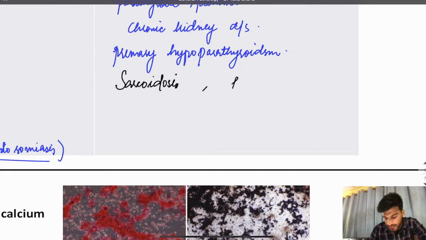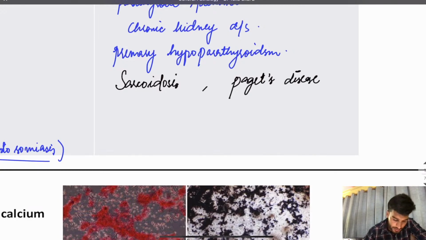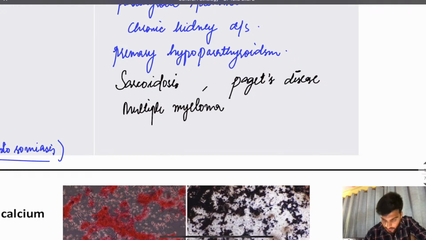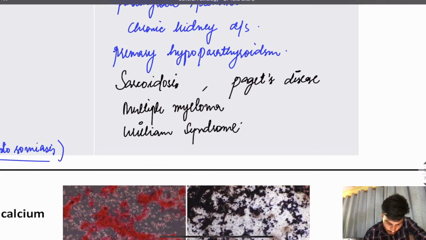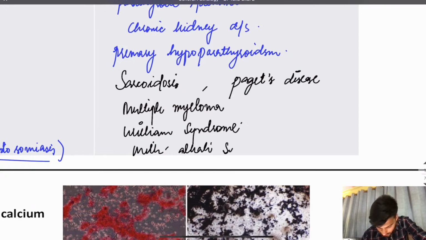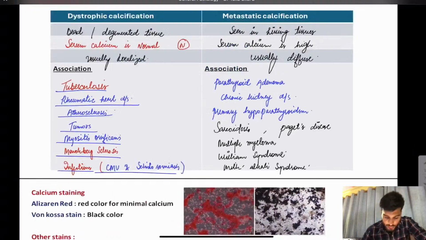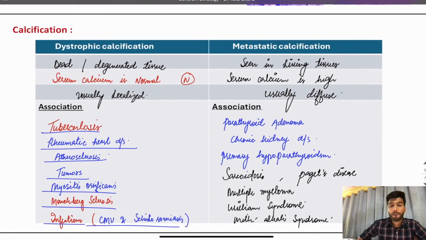We have Paget's disease. We have multiple myeloma. Okay, we have Williams syndrome. We have milk alkali syndrome. Okay, so these all have which type of calcification, guys? Metastatic calcification.